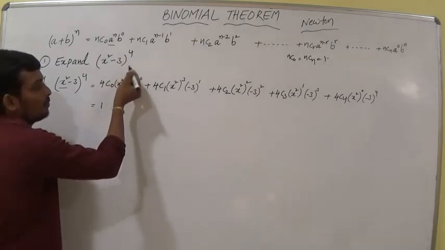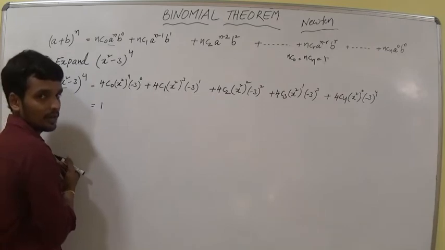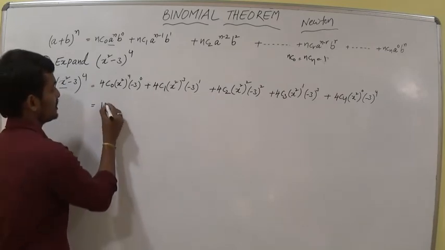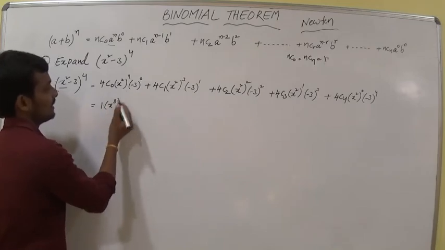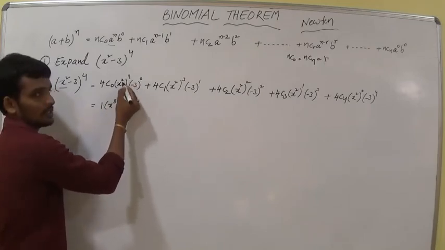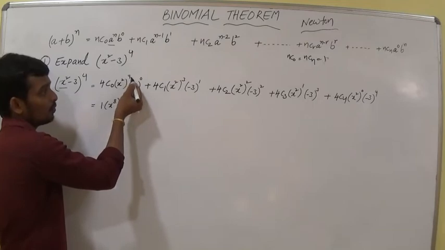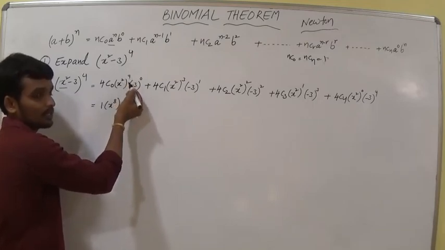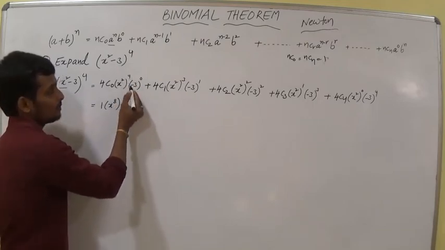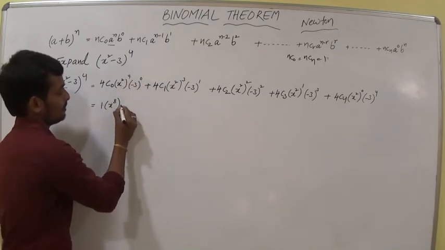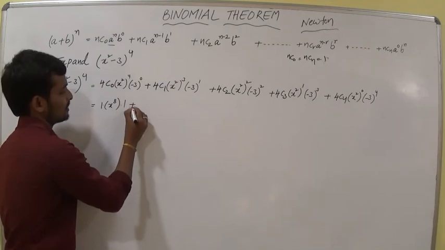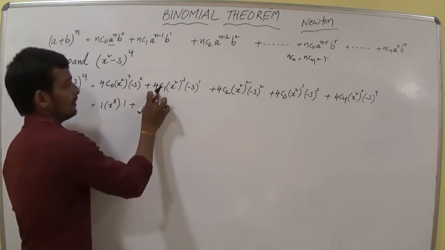A power m whole power n, what is the formula? A power mn. So this is 1 into x to the power of 8. Not 6, 4 plus 2 is 6, that is not correct. A power m whole power n is equal to a power mn. So minus 3 power 0 is equal to 1. So leave it.